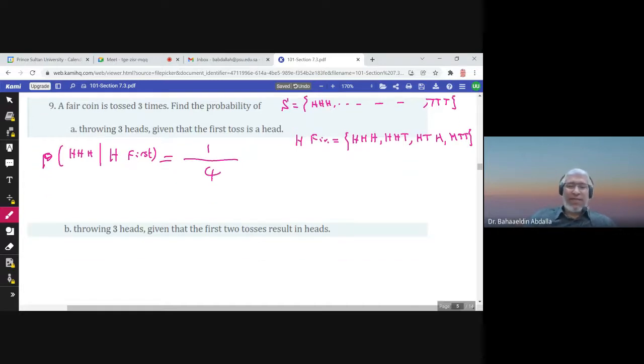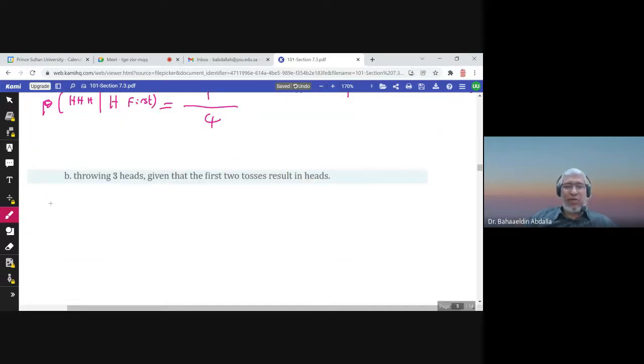Throwing 3 heads, so the probability of 3 heads, given that the first 2 tosses result in heads. First 2 heads, so HH first. The first 2 would be HHH and HHT.